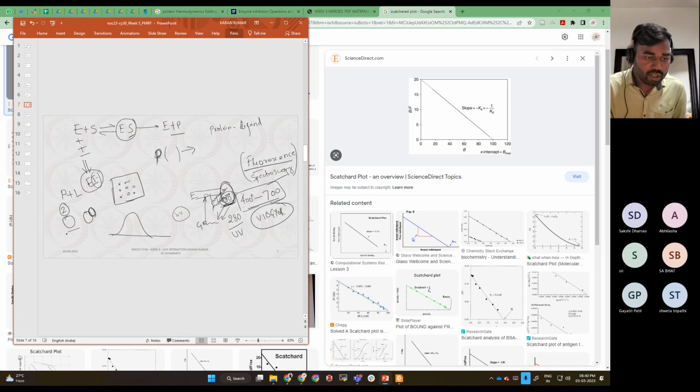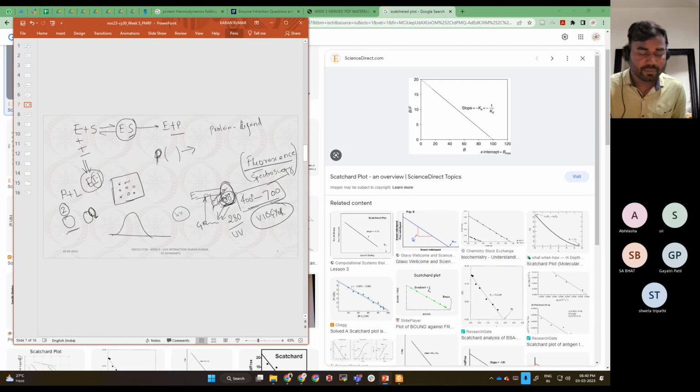Because if it is not bound, then it will emit a particular wavelength, and if it is bound with a particular compound, its fluorescence may be reduced or enhanced, based on the changes that this small molecule is imposing on the tryptophan residue.